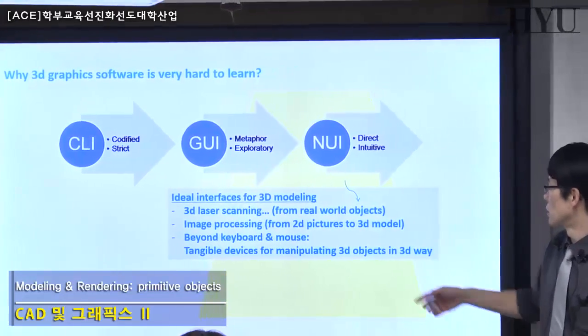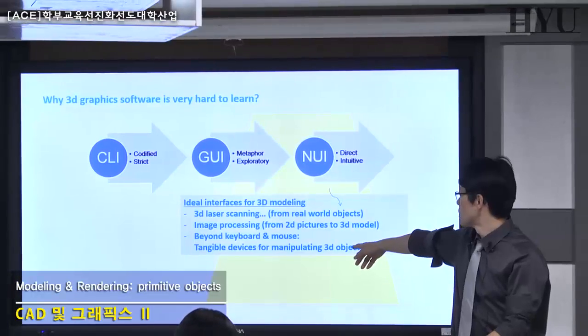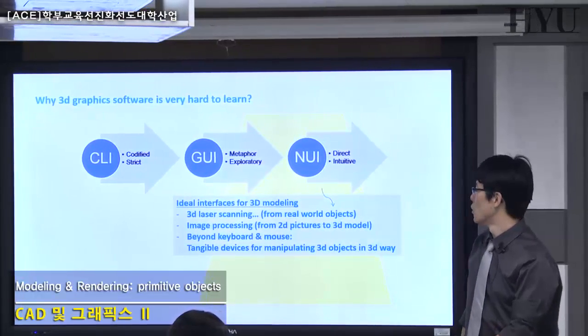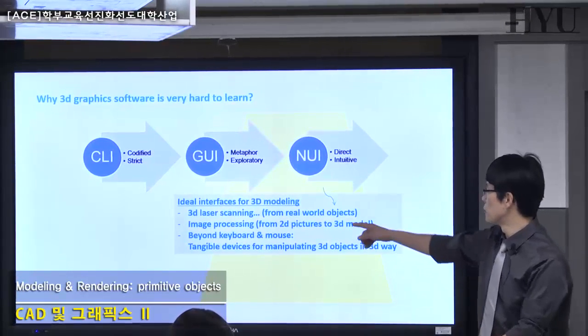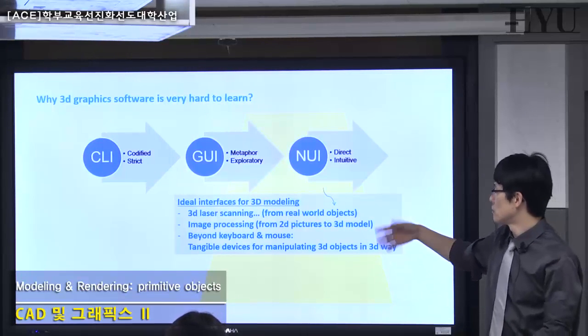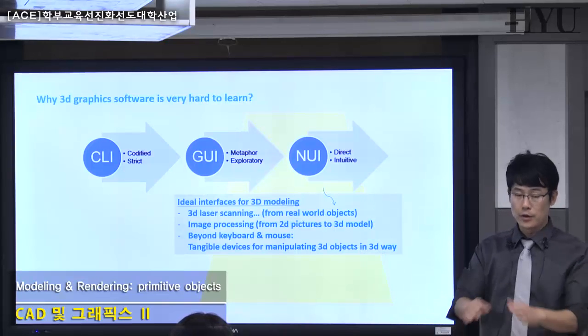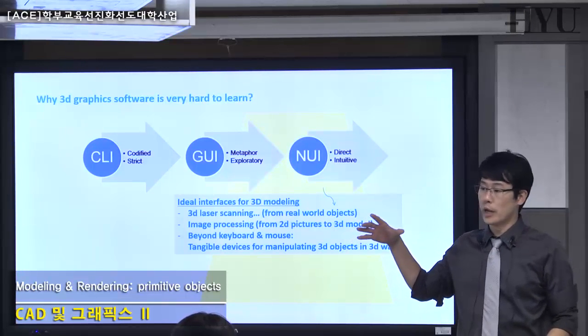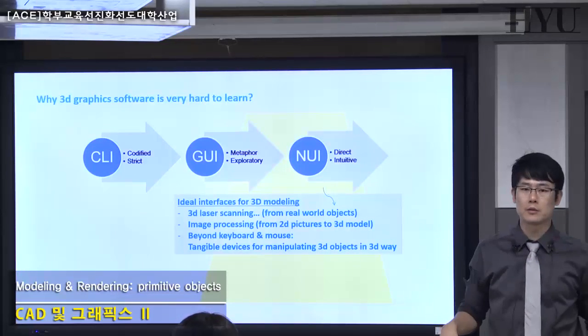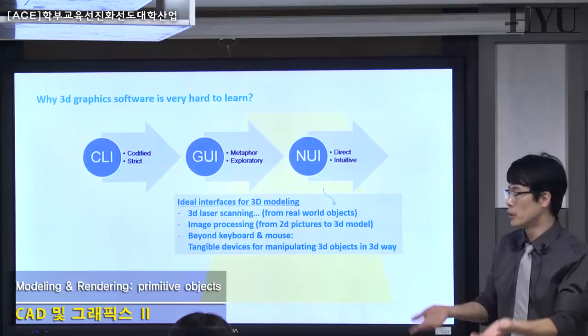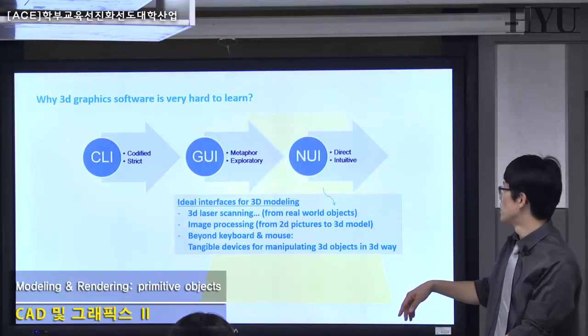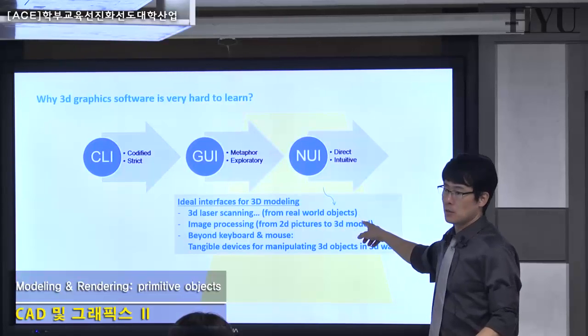That's the easiest way, right? Some gesture recognition, or something beyond keyboard and mouse. Another advanced one is 3D laser scanning. There is a box, and a laser scan device can generate 3D box geometry automatically from real-world objects, okay?